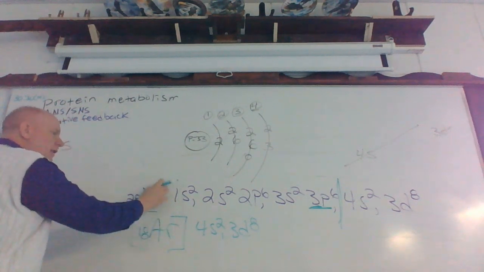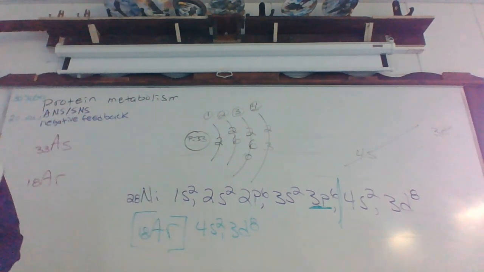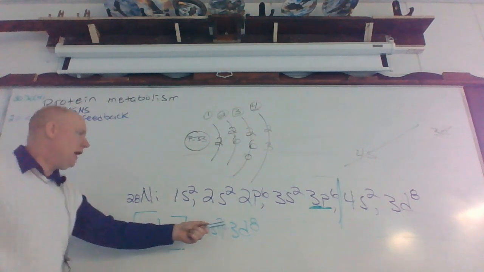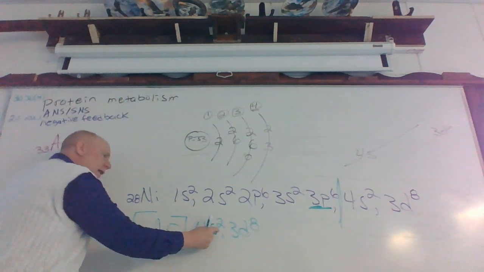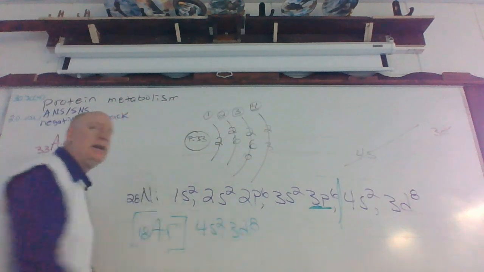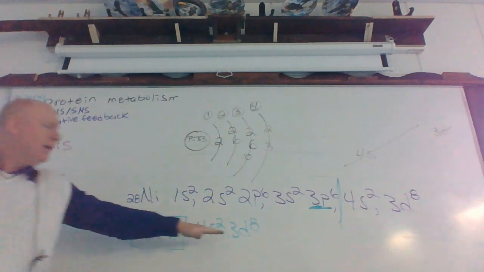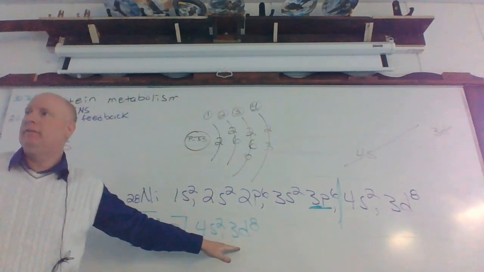These mean the exact same thing. You can always double check. 18 plus 2 plus 8 more, so this is 20, and 8 more gives you 28. And remember, nickel had an atomic number of 28, so that means this has to be correct.